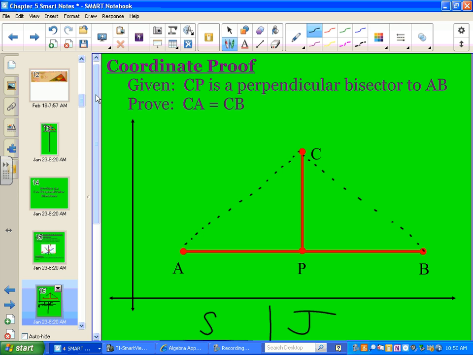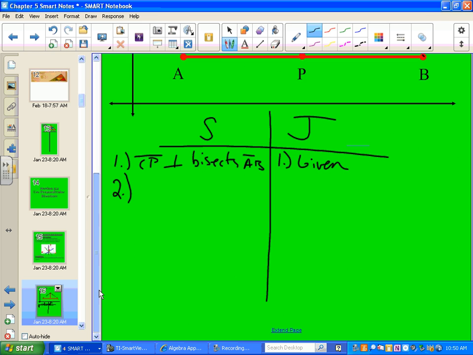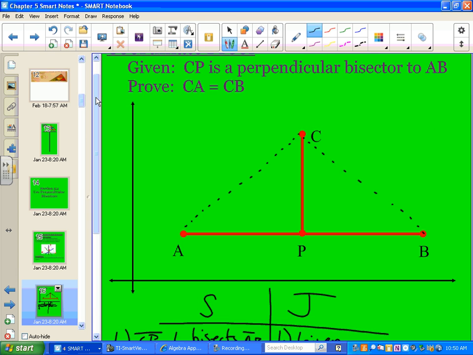Nicole. Good. Justification. Good. Remember, CP is a perpendicular bisector to AB. A perpendicular bisector creates a midpoint. So P is the midpoint of AB. Definition, perpendicular bisector. P is the midpoint of AB.